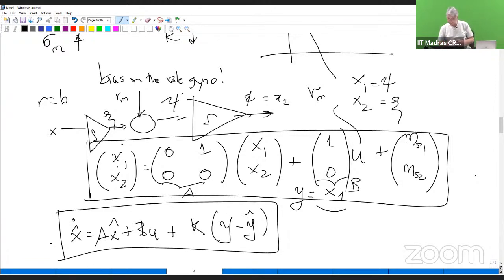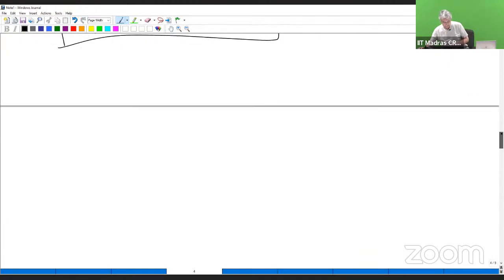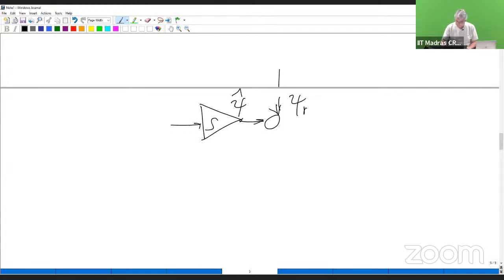That's what Kalman tells you. So now let's interpret this in a very intuitive manner. If you look at that equation, what we are doing is the following. So psi hat, this is our measurement.